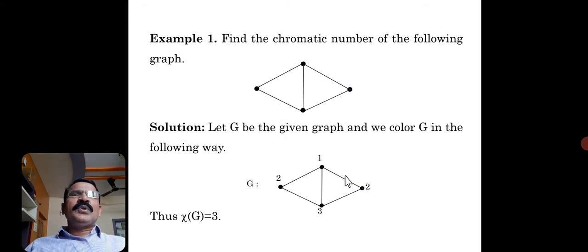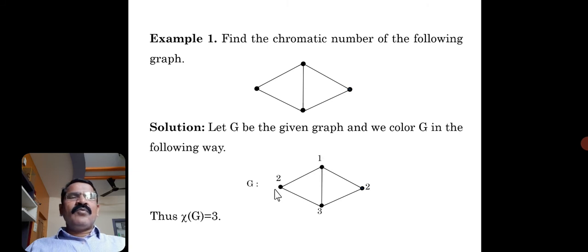So first what you have to do is start the coloring of the graph. You can start with any arbitrary vertex. You can choose any vertex of your choice and start coloring the vertices in such a way that adjacent vertices must have different colors. Okay, so we just start with a vertex by assigning the color 1.